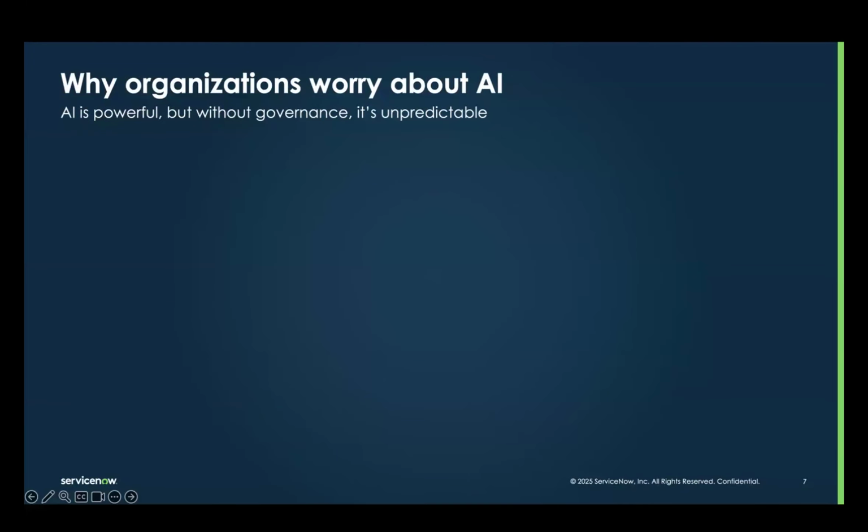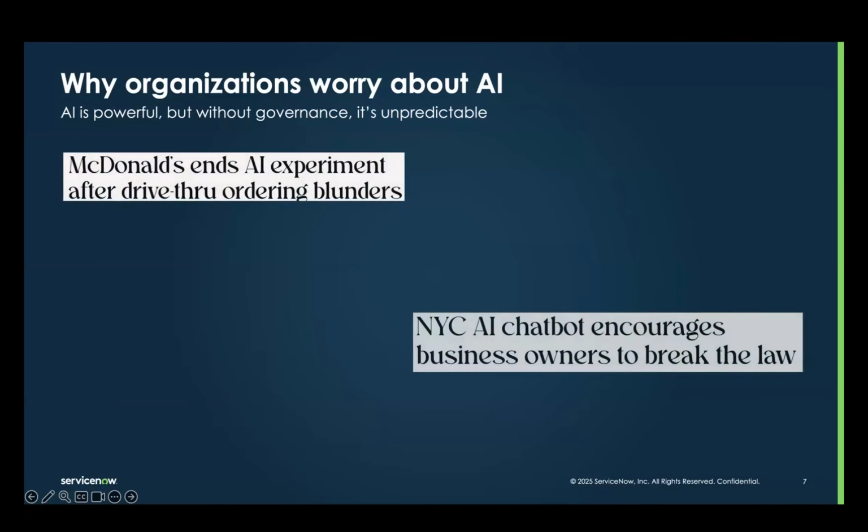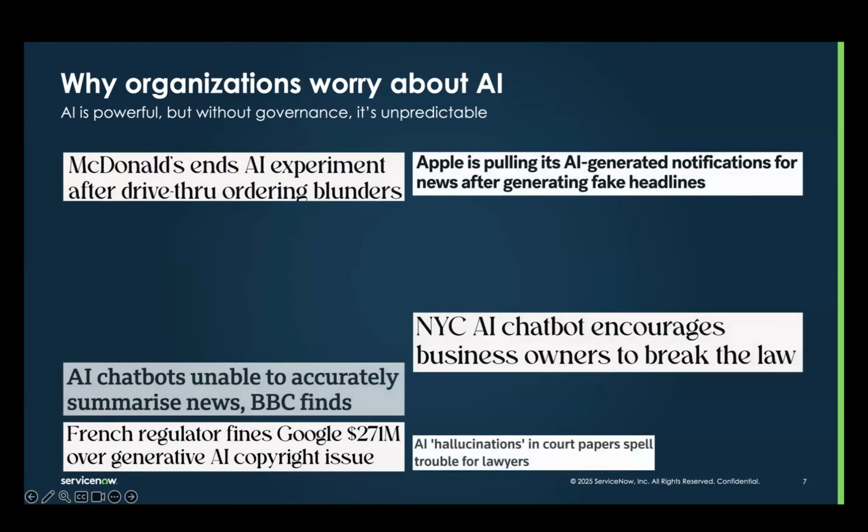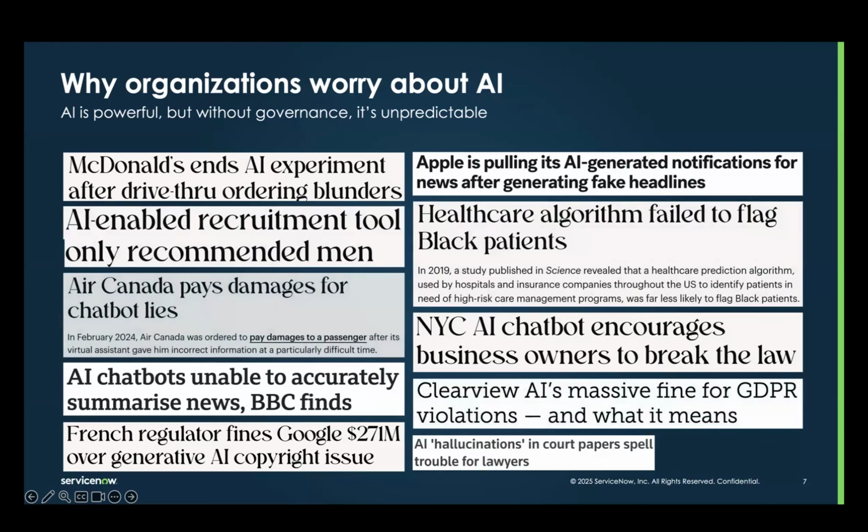So why are organizations worrying about AI? Well, this slide is showing some real-world headlines that show why AI without governance is risky and unpredictable. From recruitment tools that show gender bias to chatbots providing misinformation, healthcare algorithms that fail vulnerable groups, these are not just technical failures.